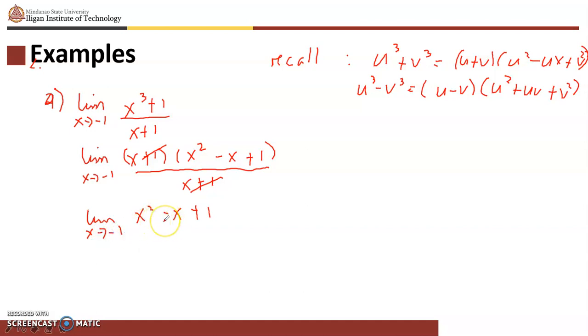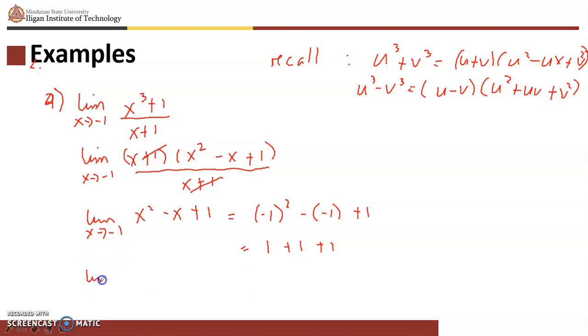But that should give us the value equal to negative 1 squared minus negative 1 plus 1. But what is negative 1 squared? It's equal to 1, then minus negative 1, then plus 1.